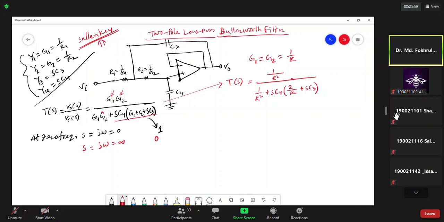We can simplify it even more. It will be 1 over (1 plus SRC4) into (2 plus SRC3).